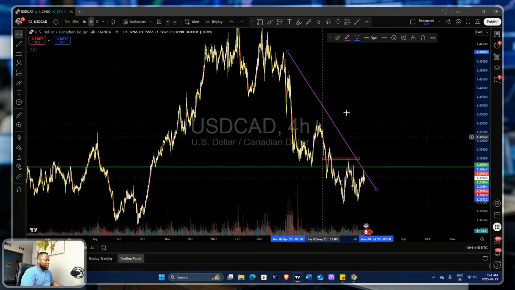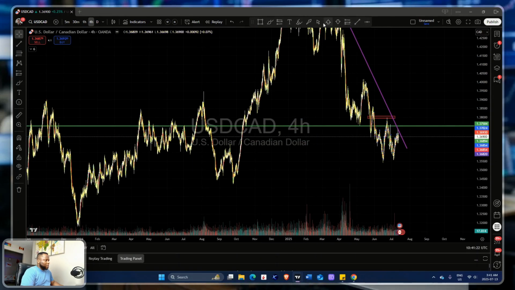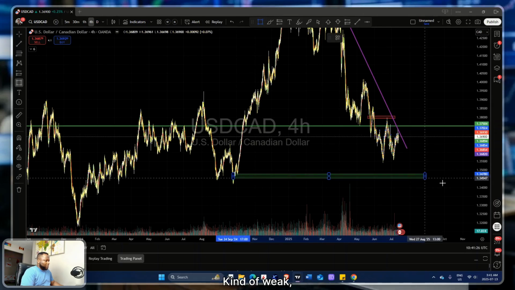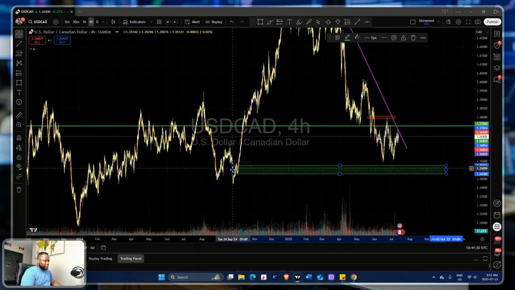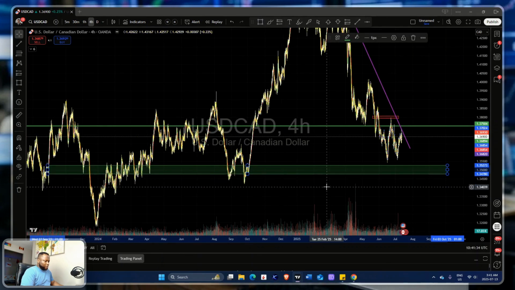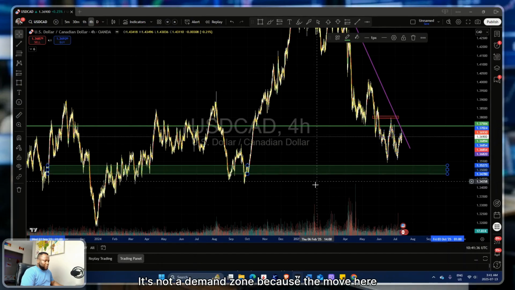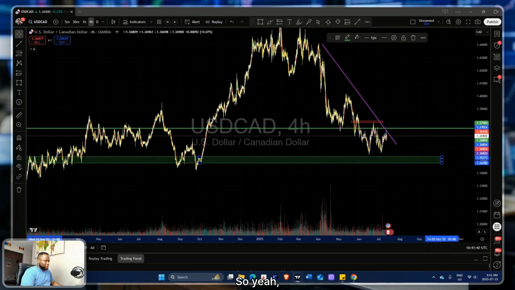We're down here, but we're acting off this kind of demand zone, kind of weak, but it is actually preventing this pair from going down further. Support zone, give or take. It's not a demand zone because the move here wasn't... The move here is actually really good. So yes, acting off this demand zone because you see this move is very aggressive.